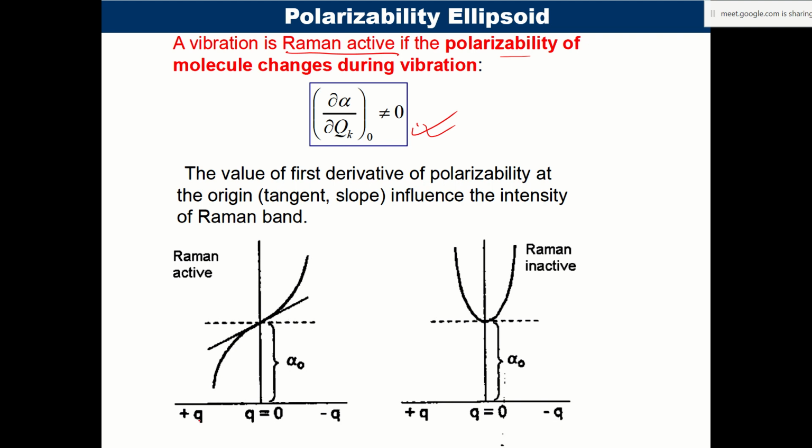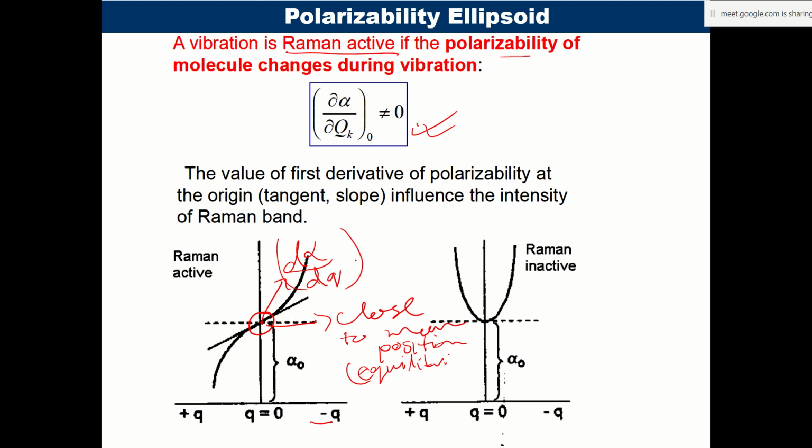So if this is the q, look at this thing. We are looking at this very close to the equilibrium, close to the mean position or equilibrium situation. So observe d alpha by dq here, when q tends to 0.